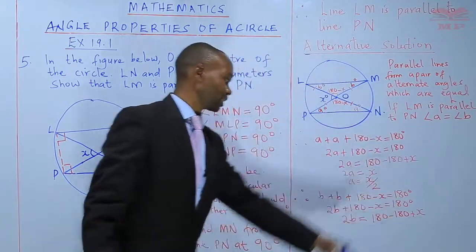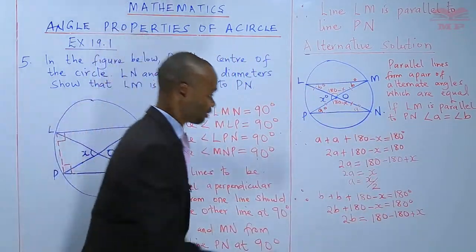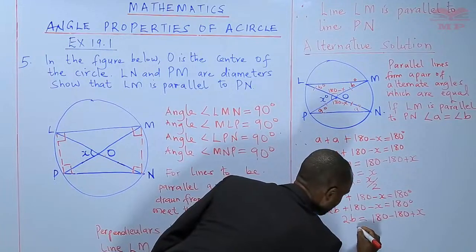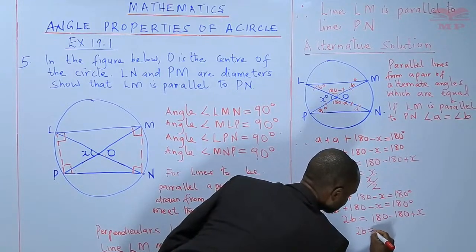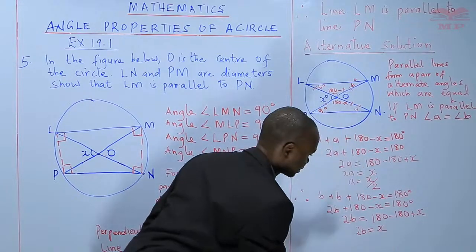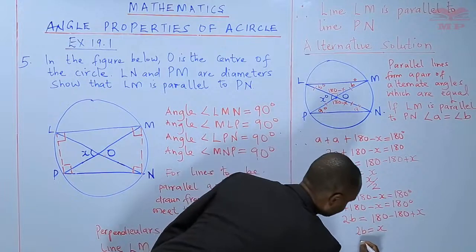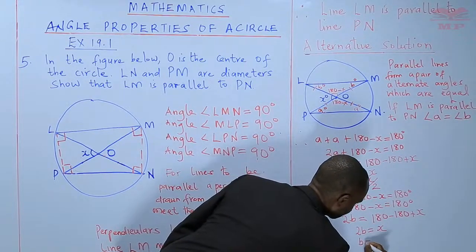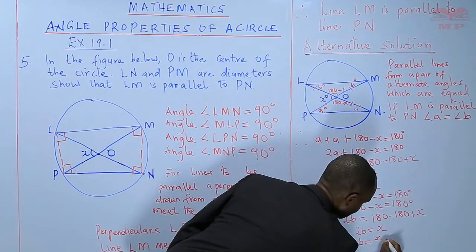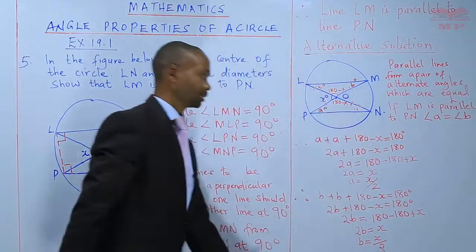So 180 minus 180 is 0. Therefore, 2b is equal to x. Therefore, b is equal to x divided by 2.